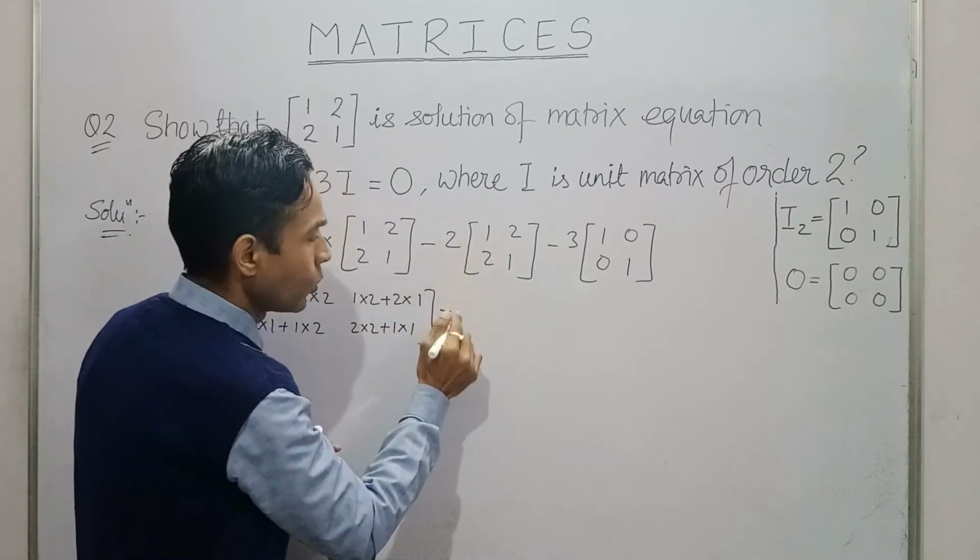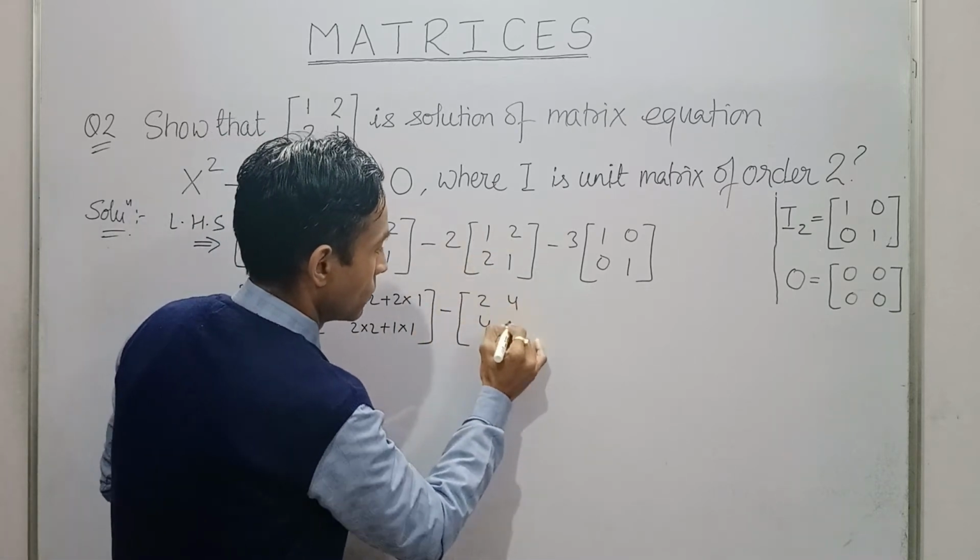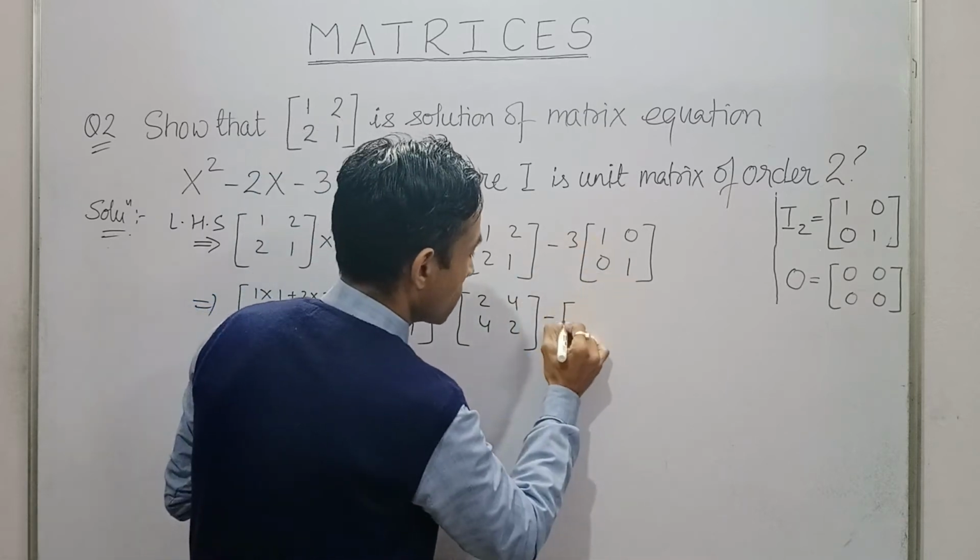Here we will multiply 2 inside this matrix and 3 inside this matrix.